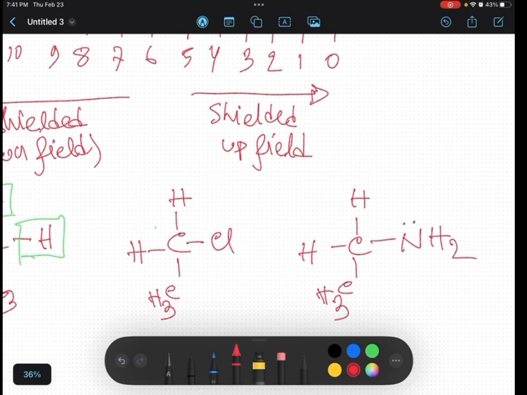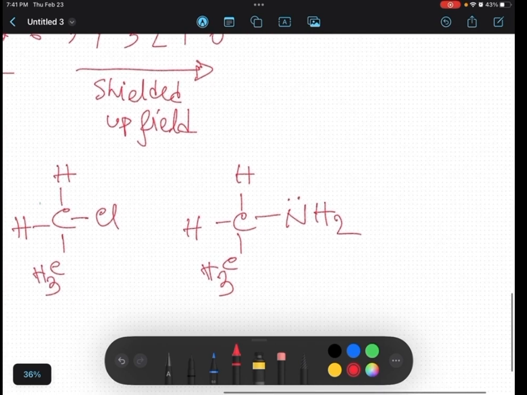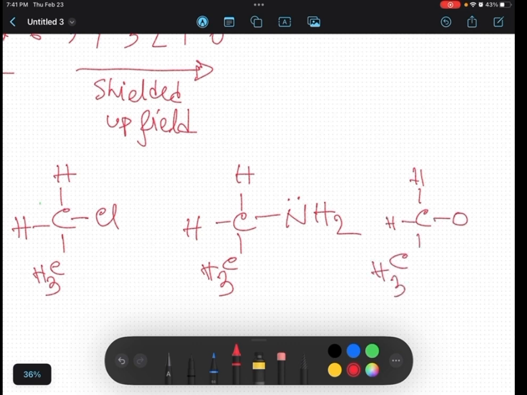So that nitrogen or any molecule, or this carbon with the oxygen. Any carbon next to the oxygen, that proton will get some impact from that oxygen.